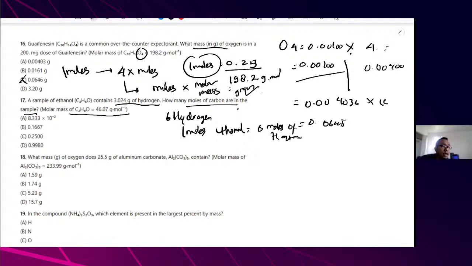So how to do that? Now the moles of hydrogen is 3.024 divided by 1, so 3 moles. Now the moles of ethanol is 6.